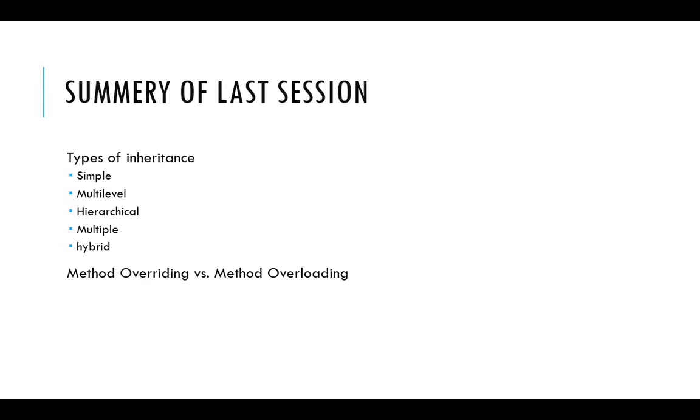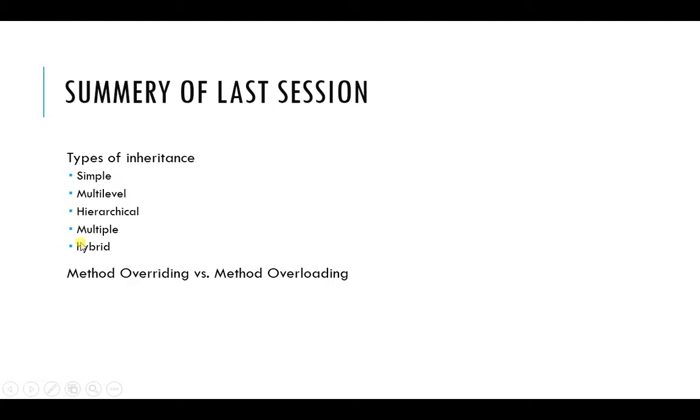So what are the different types of inheritance? We have studied simple inheritance, that means we have only a single base class and a single derived class. Then multi-level inheritance, in which we can have multiple levels of hierarchy. Then the third one is hierarchical inheritance. In that case we have only one base class and two derived classes.